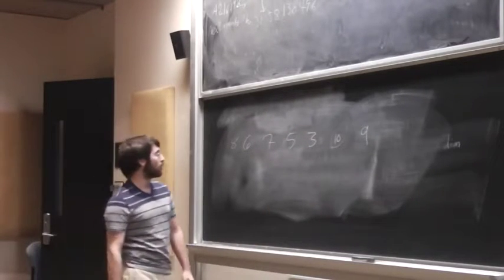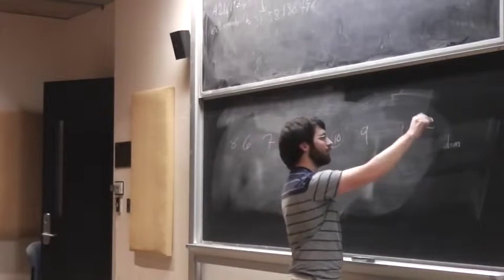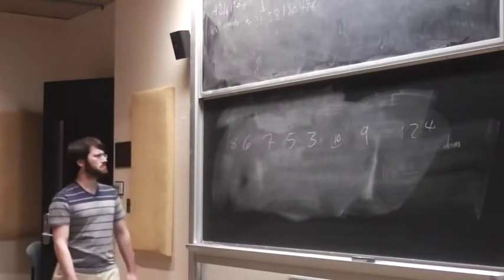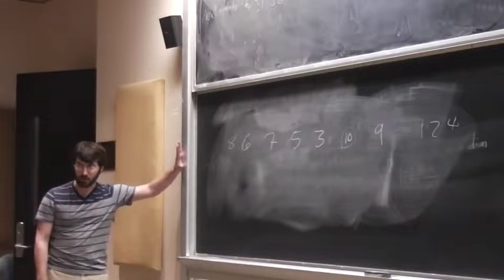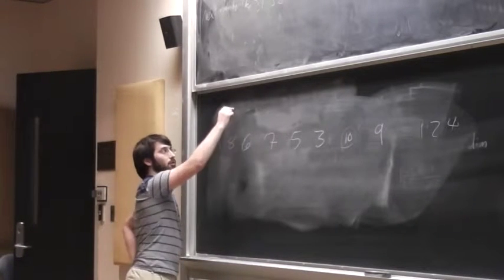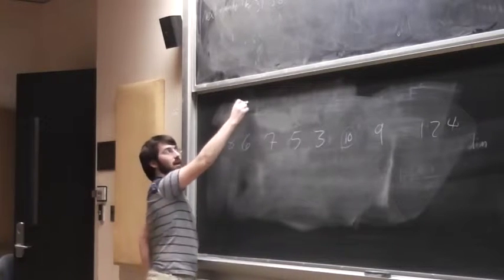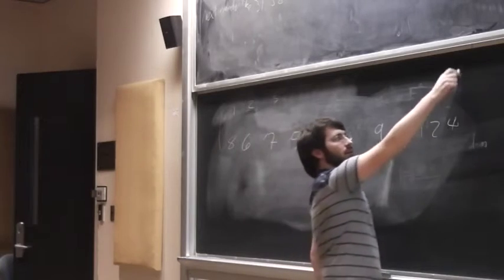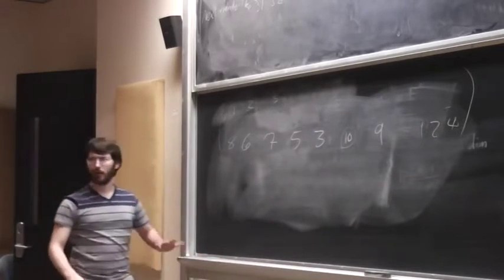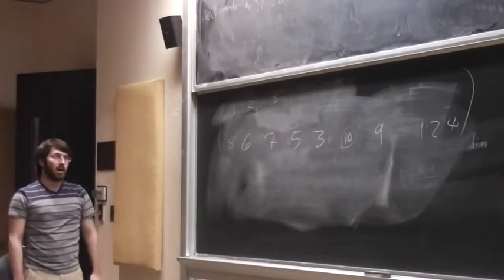What am I missing? 1, 2, 4. If I wanted it consecutive. Cool, great. And you got your permutation, which, if you want to think about it algebraically, is shorthand for the permutation where 1 maps to 8, 2 maps to 6, 3 maps to 7, and so on. This sort of one-line notation, not a cycle, but just there it is.